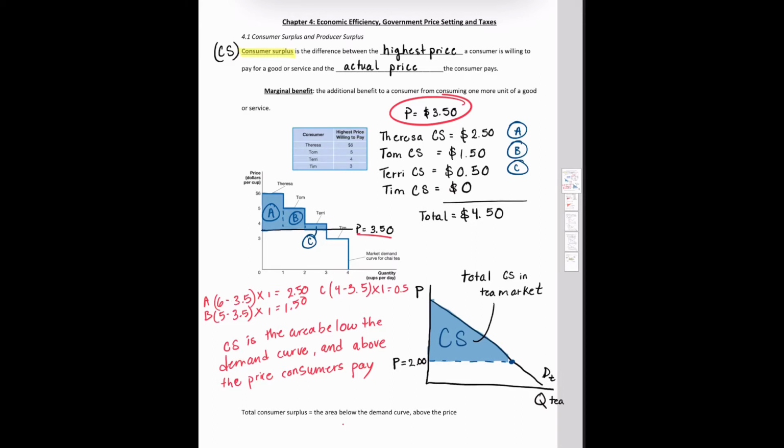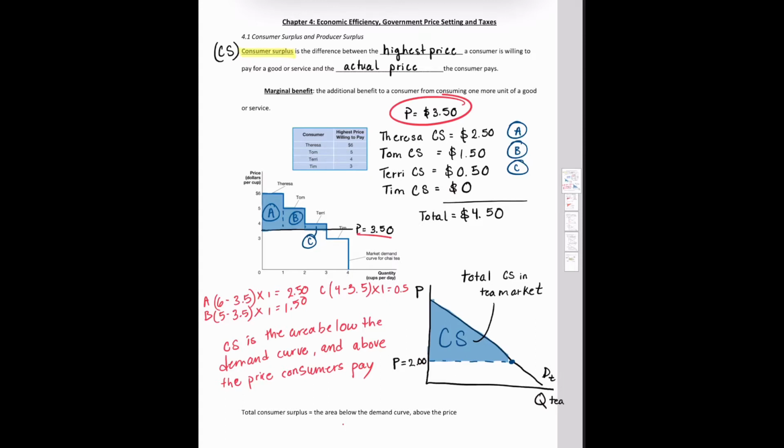But the important thing is for you to understand that the demand curve shows us at different prices the quantity of goods and services consumers are willing to purchase at that specific price.